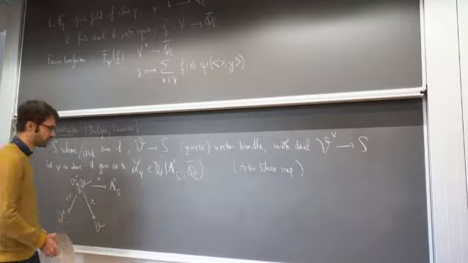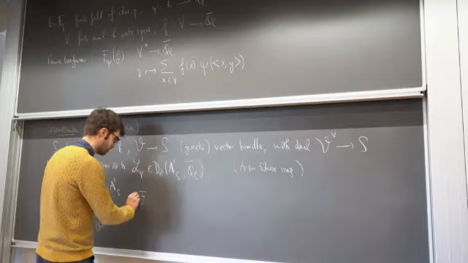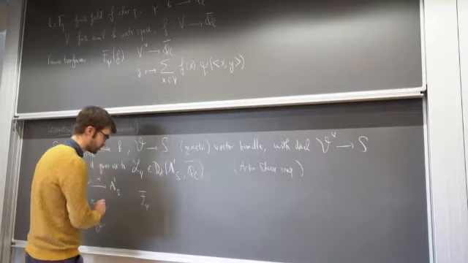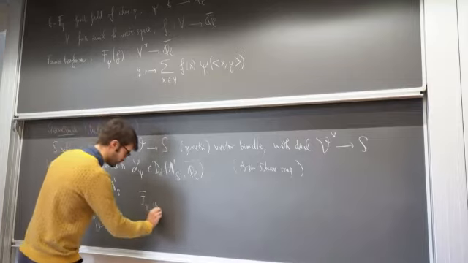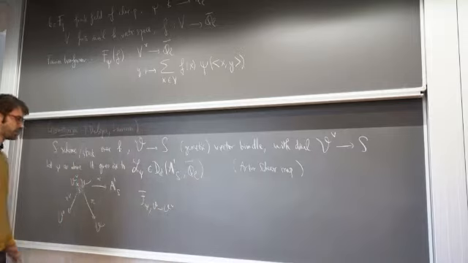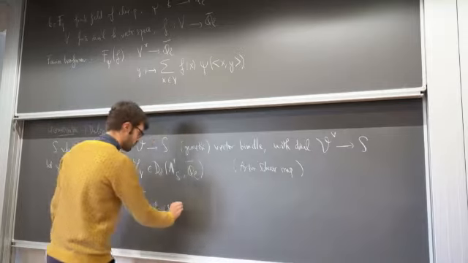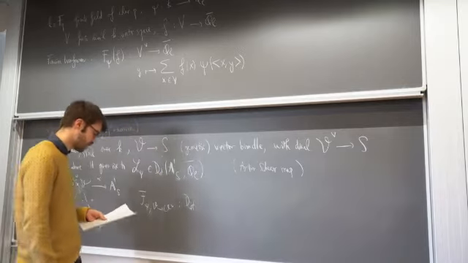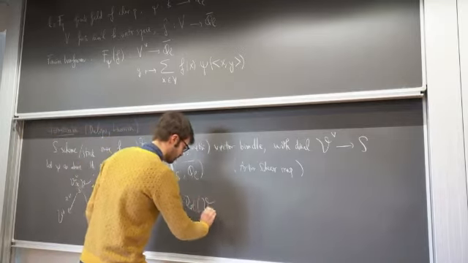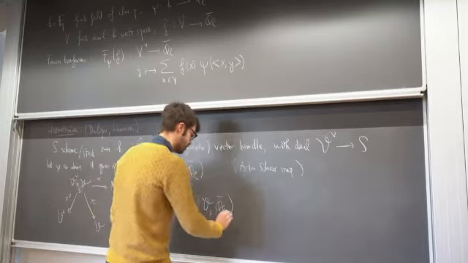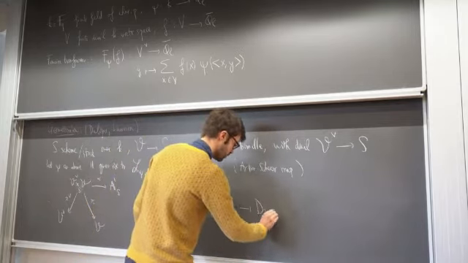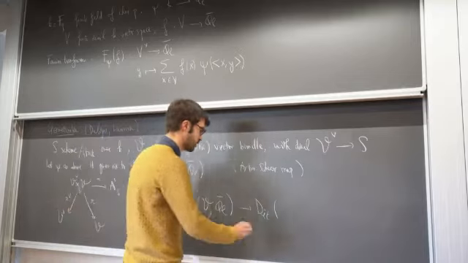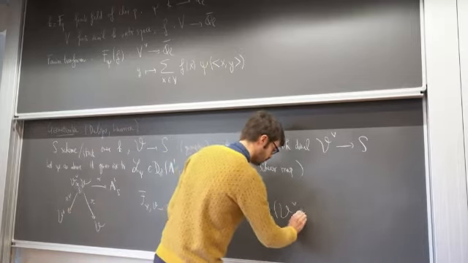And the geometric Fourier transform is defined as follows. It's attached to this choice of psi and to the data of this vector bundle V. So it will be a functor from the bounded constructible category of l-adic sheaves on V towards the bounded constructible category of l-adic sheaves on the dual.